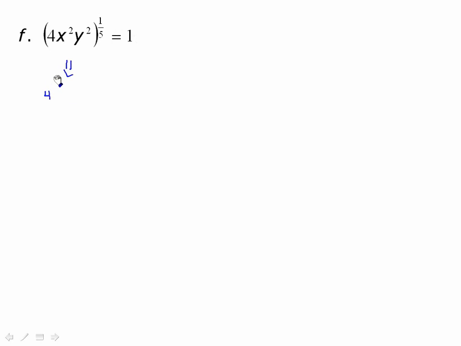So you get 4 to the 1/5, x to the 2/5, y to the 2/5 is equal to 1. Now use implicit differentiation. And that's fine.